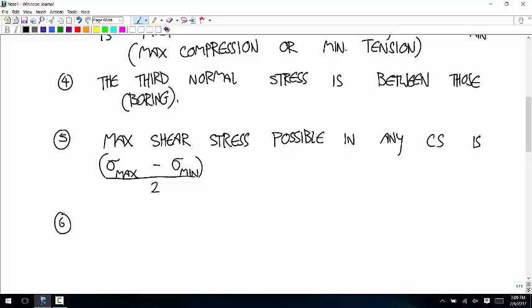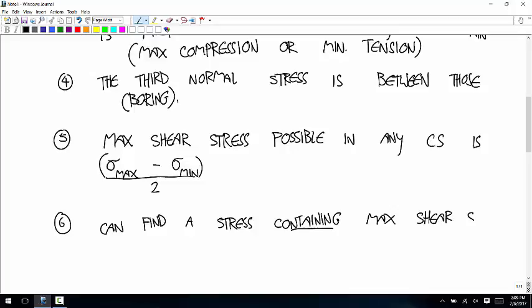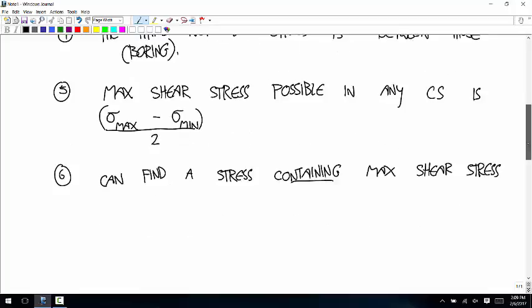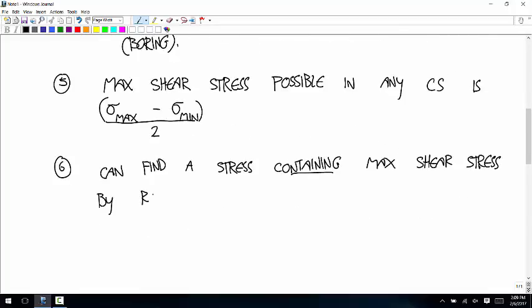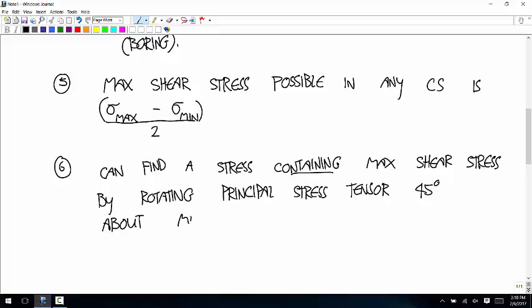And the last one is you can find a stress tensor containing the maximum shear stress by rotating the principal stress tensor 45 degrees about the middle axis.